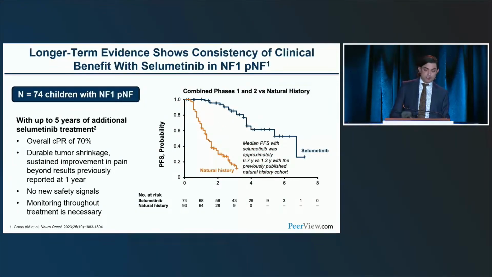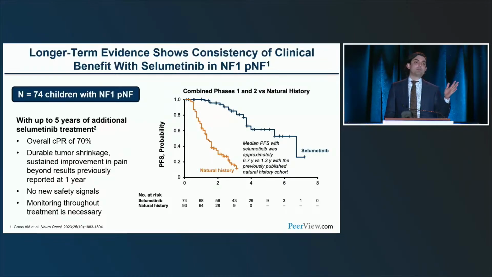So, fortunately, last year, there's another publication by the team at the NIH who ran this study primarily that showed the long-term evidence of using selumetinib. And a lot of their patients had been using selumetinib for 5, 6, 8 years. And they saw that there wasn't any significant concern for additional side effects with long-term use of selumetinib.